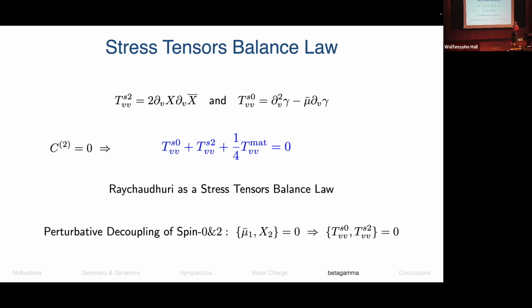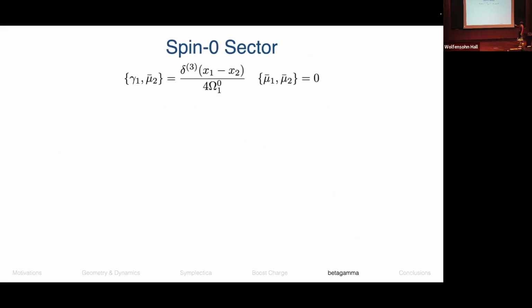Okay, so non-perturbatively in G Newton, spin 0 and spin 2 sectors talk together in the symplectic structure and in the Poisson bracket, but at this order in perturbation, they don't. And indeed, this is the same as saying that the spin 0 stress tensor does Poisson commute with the spin 2.